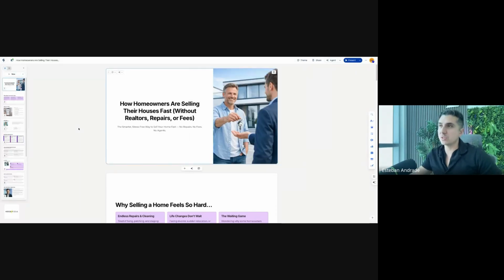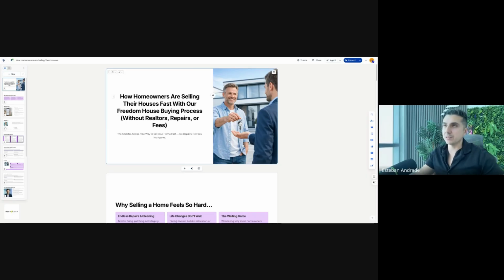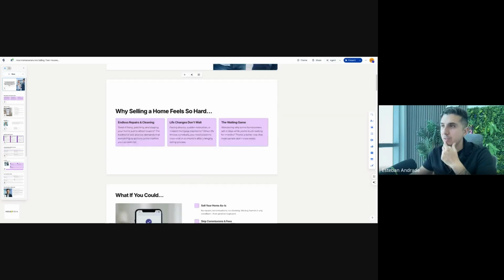And I could have also said how homeowners are selling their houses fast with our Freedom house buying process. You guys can always name your mechanism to make it sound more legit and make it sound different than anybody else. Actually, the biggest companies in the space all have a mechanism process, right?